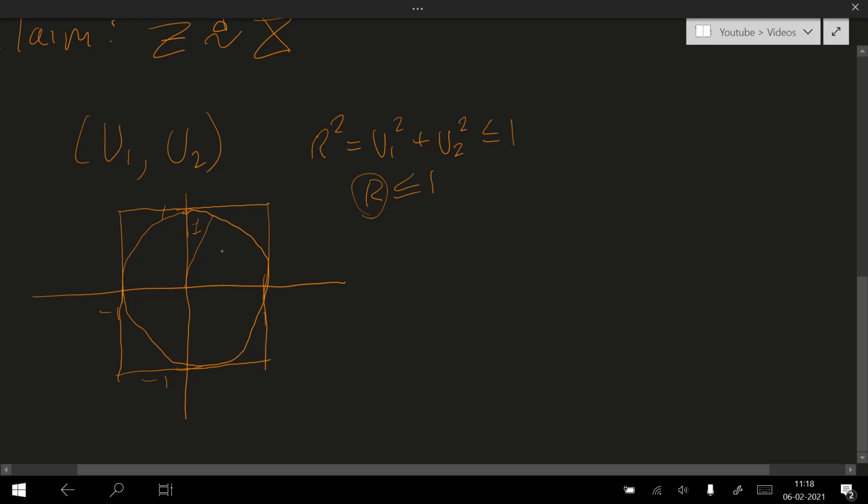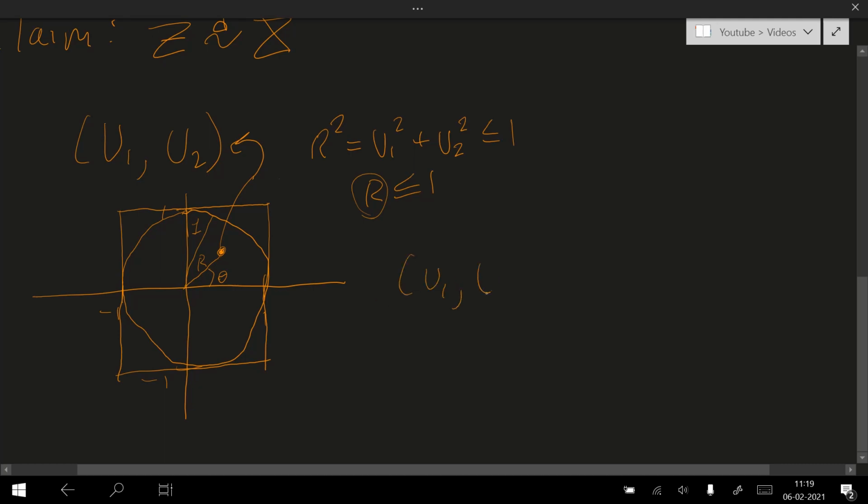Now, if we consider some point, u1, u2, instead of writing the coordinate as one coordinate and the other, we can use polar coordinates. So we can write it as the distance and the angle. This is the radius and this is the angle.